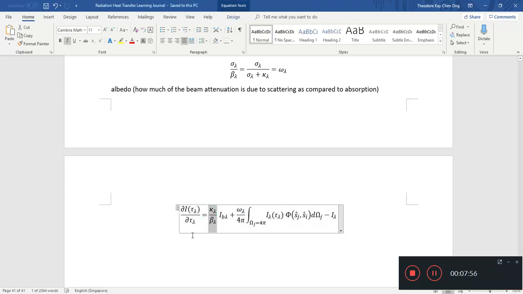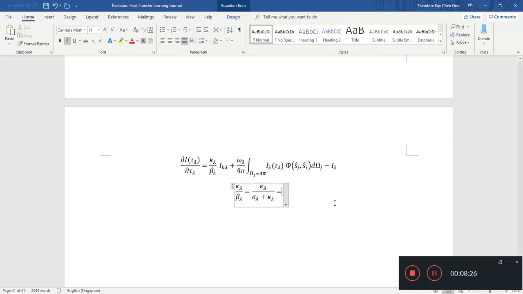Well, that's very simple. Okay, so kappa lambda over beta lambda is just this: kappa lambda over sigma plus kappa lambda. Not an issue. So then what is this then?